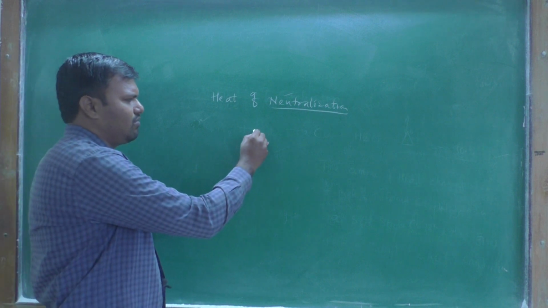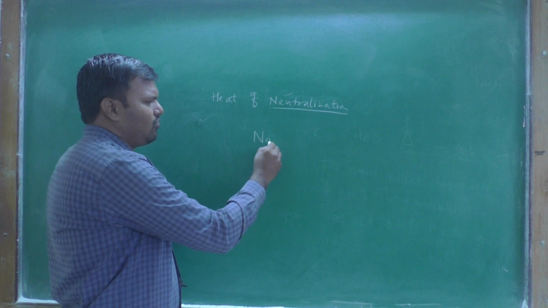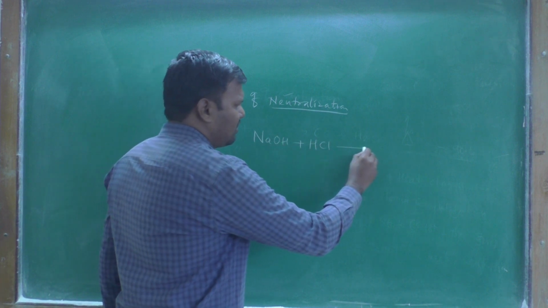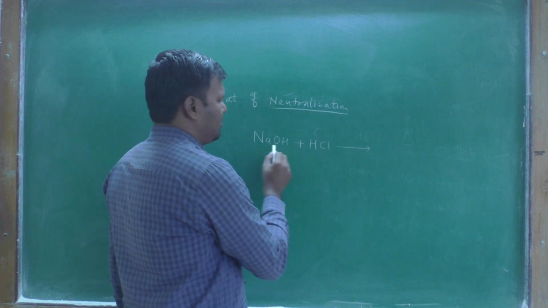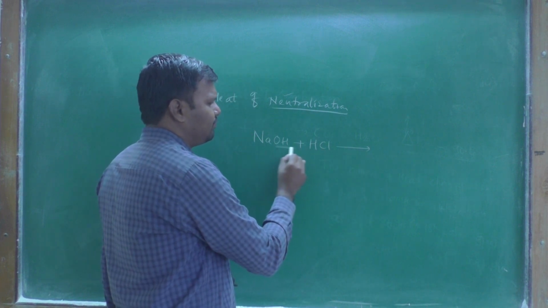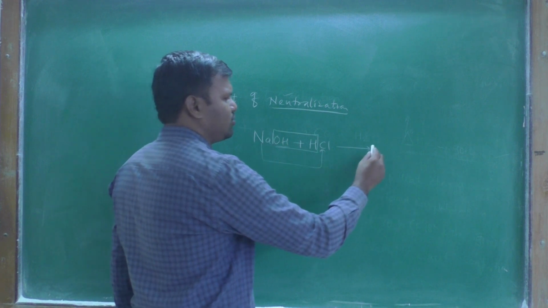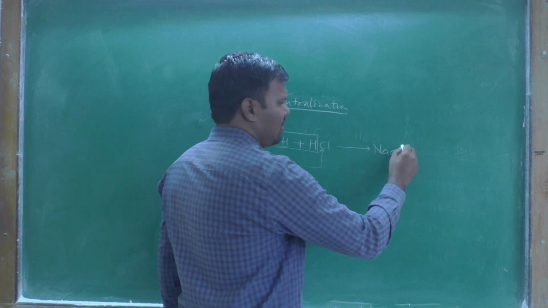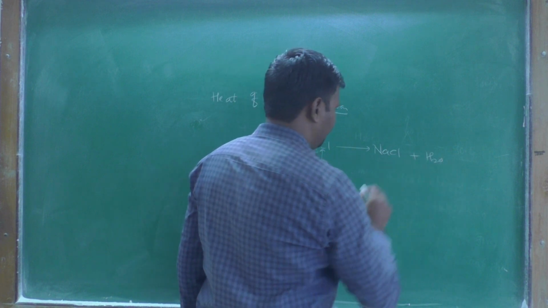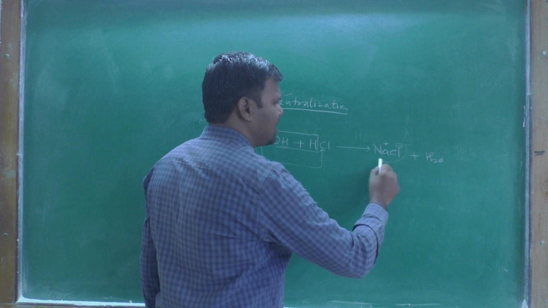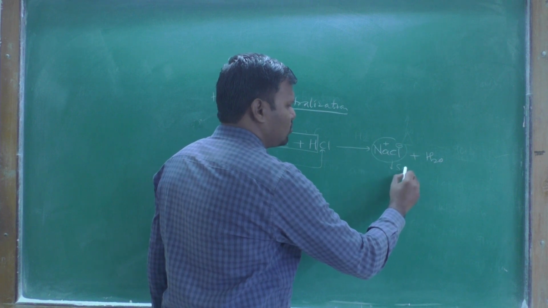Okay, therefore what is neutralization? If you have the base plus you add the acid, you will get H2O and NaCl. NaCl is the salt. NaCl plus H2O. Na has the plus and minus charge. The charge containing pieces are the salt pieces.